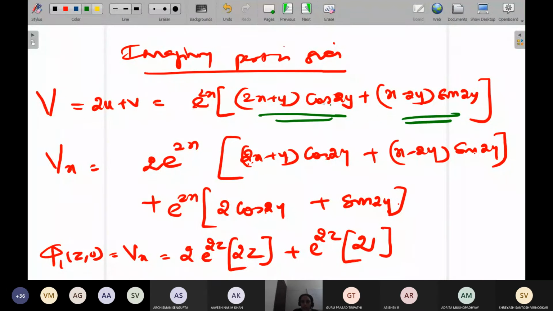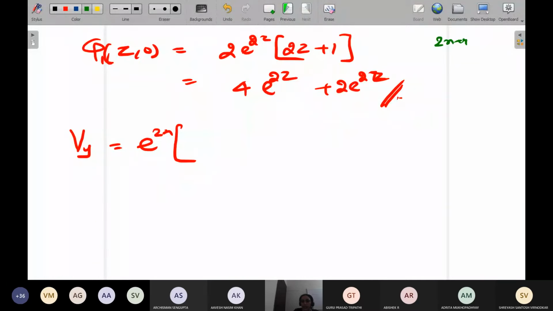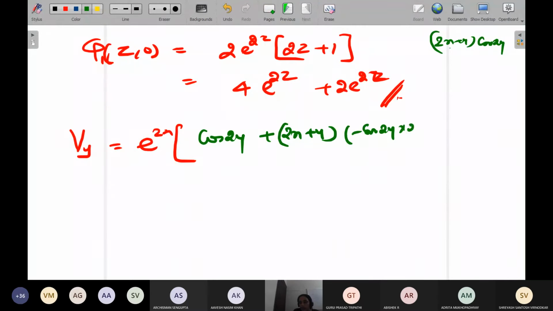We have 2x plus y into cos 2y. When I differentiate it, I'll get cos 2y, the other term will become plus 2x plus y into minus sin 2y into 2.